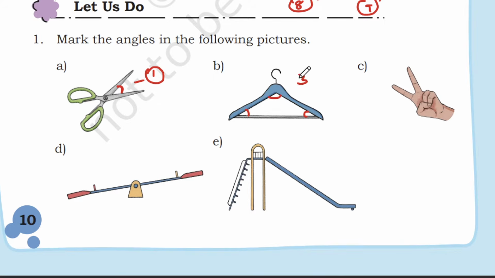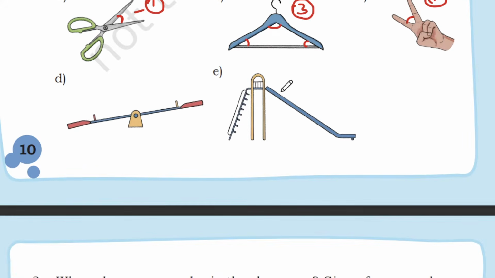So in the hanger we have 3 angles, and in the victory symbol we have 1 angle. And again we have a seesaw and a slider. In the seesaw we have an angle here, we have an angle here. So how many angles? We have 2 angles.